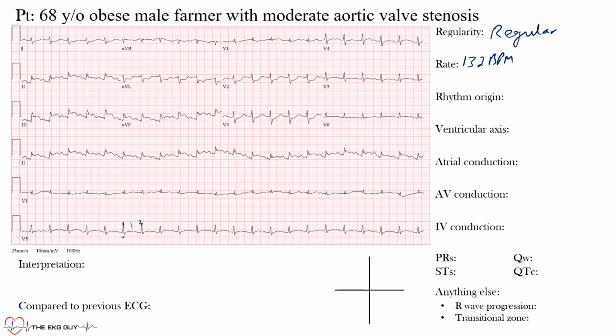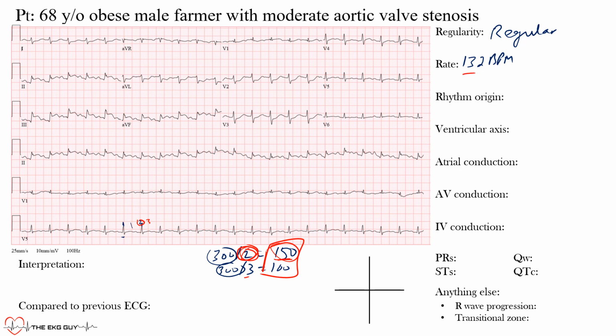So 1, 2, okay, so a little more than 2, and you would do 300 over 2, which is 150 beats per minute, and then 300 over 3 is 100 beats per minute, okay, so I'm taking 300 as the constant, and then in here I'm putting the 2, and 3 would be this one here, but it's much closer to this, so closer to the 150. So if it was between these two ranges, it'd be closer to that. Okay, we got 132 up here, so as you can see, that's closer.